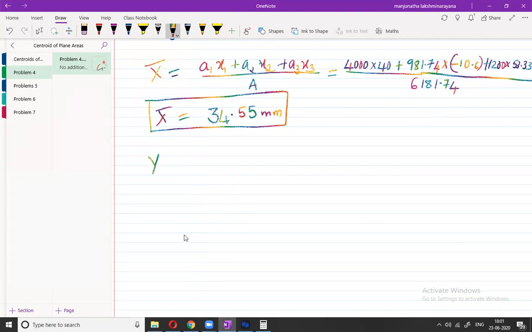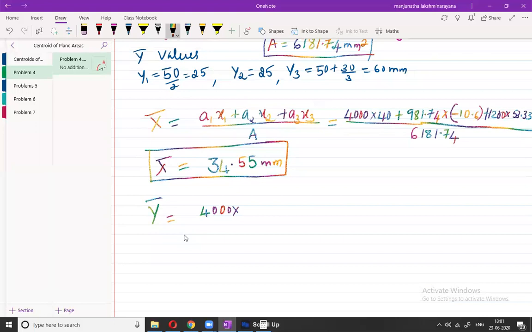Similarly, now let us calculate y bar. Y bar is equal to A1 into y1, 4000 into the value of y1 here, which is 25 mm.